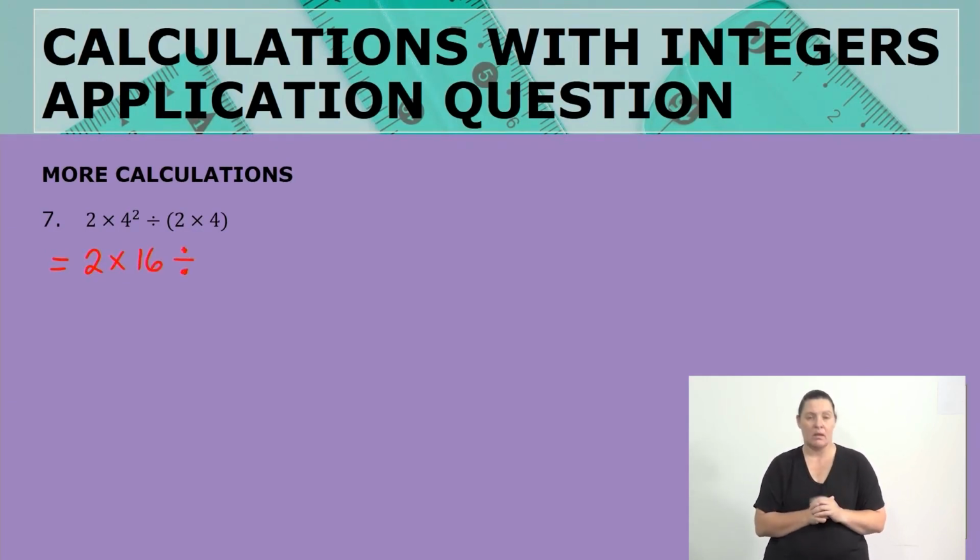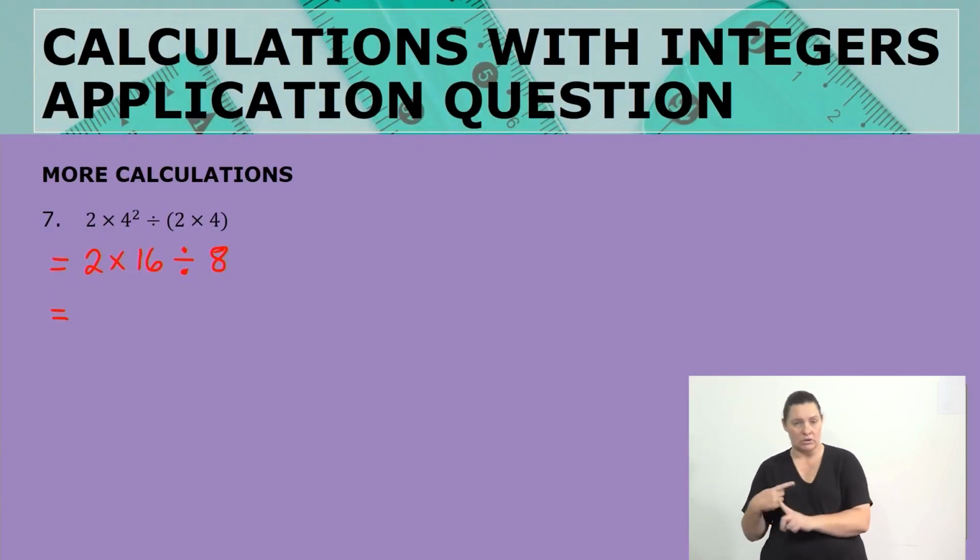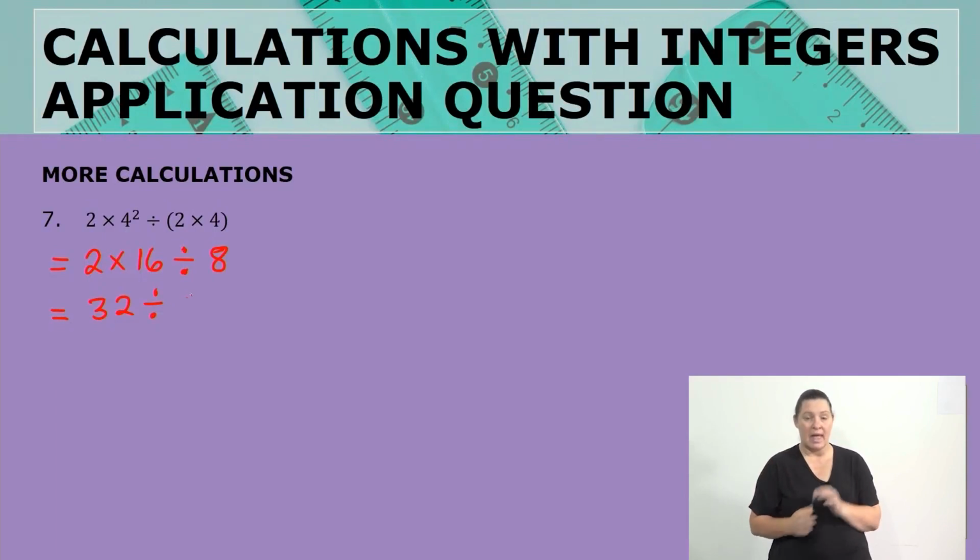We are going to divide that by, in the brackets we have 2 times 4. That is going to give us 8. So now, what is 2 multiplied by 16? It's a positive 2 multiplied by a positive 16. That is going to give us a positive 32. When we divide that by a positive 8, that is going to give us a positive 4.